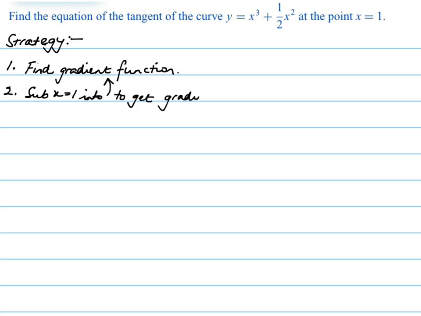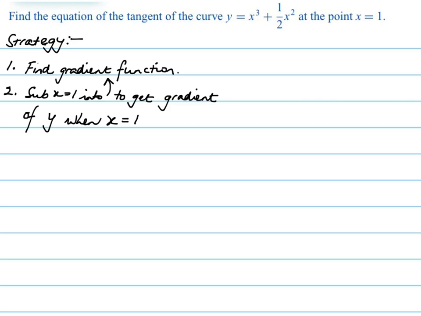Step 2, we're going to substitute 1 into that gradient function to get the actual, numerical gradient of y when x equals 1. That'll get us the actual number of the gradient when x is 1, because that's going to be the gradient of the tangent, because they are one and the same.